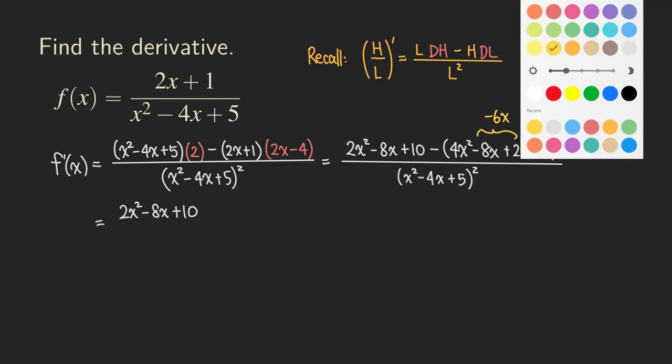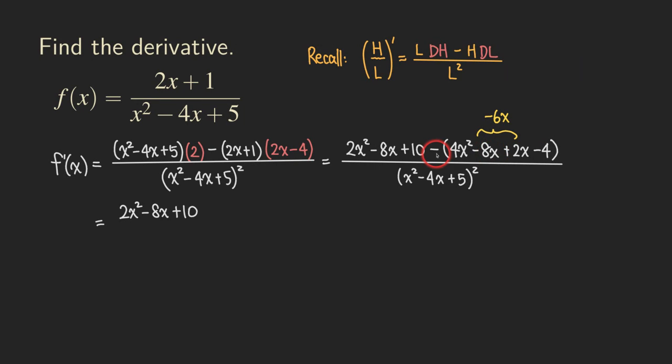Okay, so what do we get here? We get minus 4x squared. And now I don't need to worry about those terms anymore because I combined them into negative 6x. So when I distribute this negative 1 to the negative 6x, we get positive 6x.